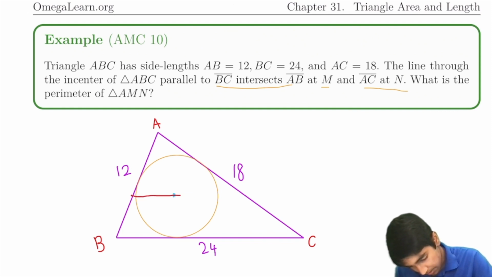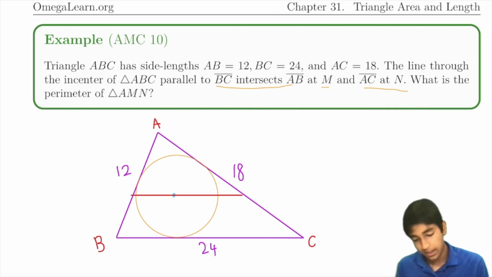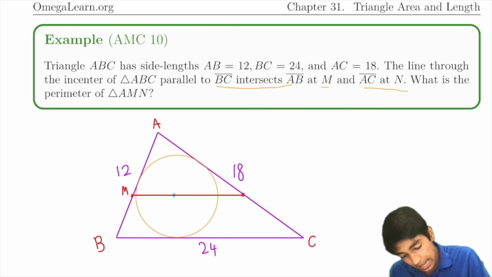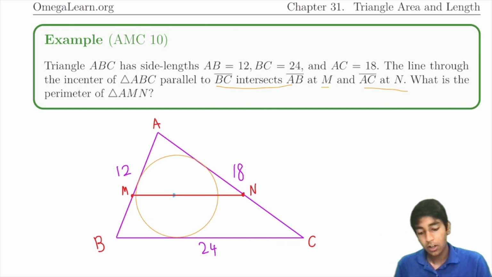Yeah, that's a line parallel to BC through the incenter. It intersects AB at M and AC at N. We're asked to find the perimeter of AMN.